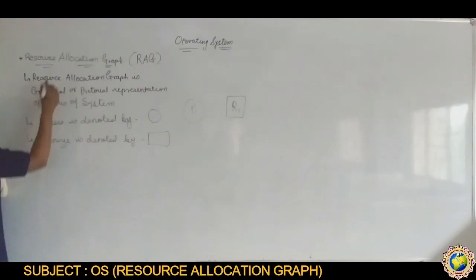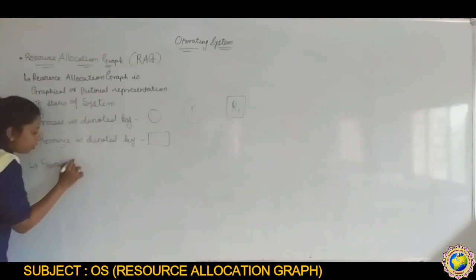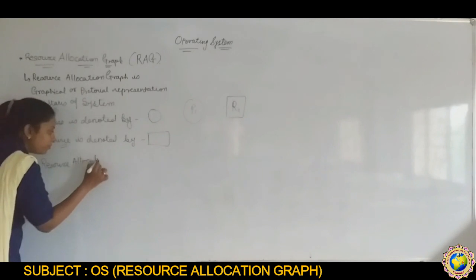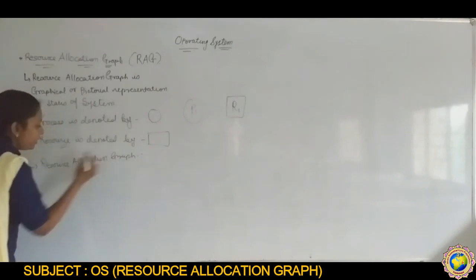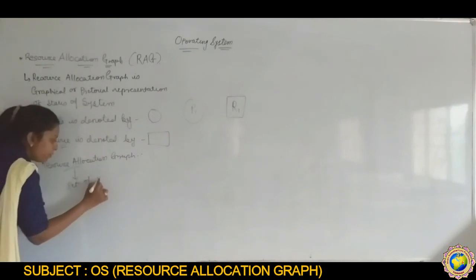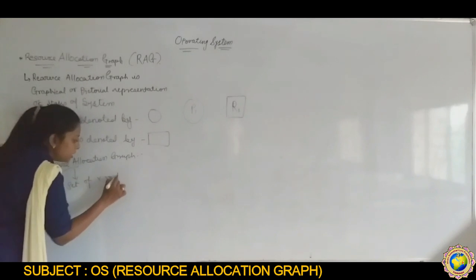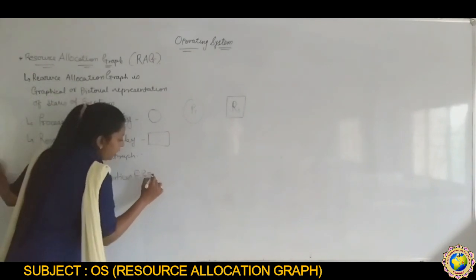Next, what do we mean by the resource allocation graph? We can say it is a set of V vertices and E edges.